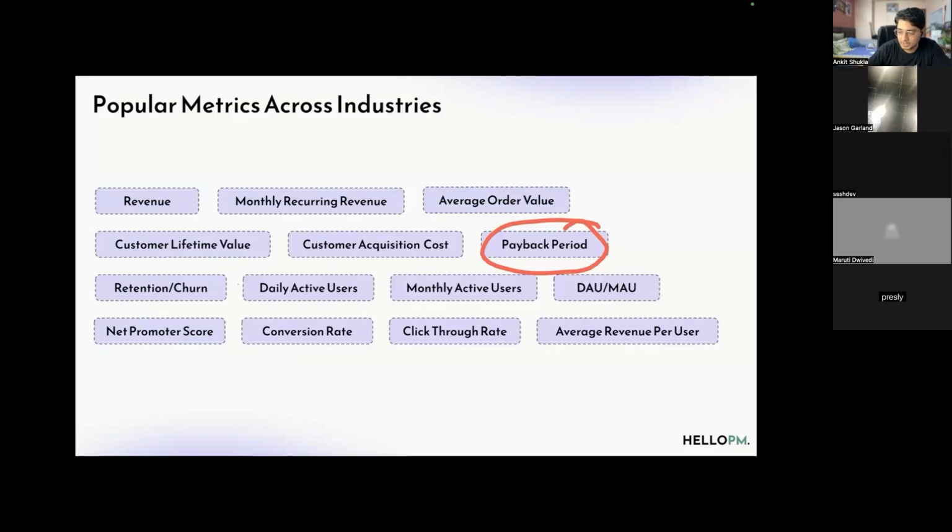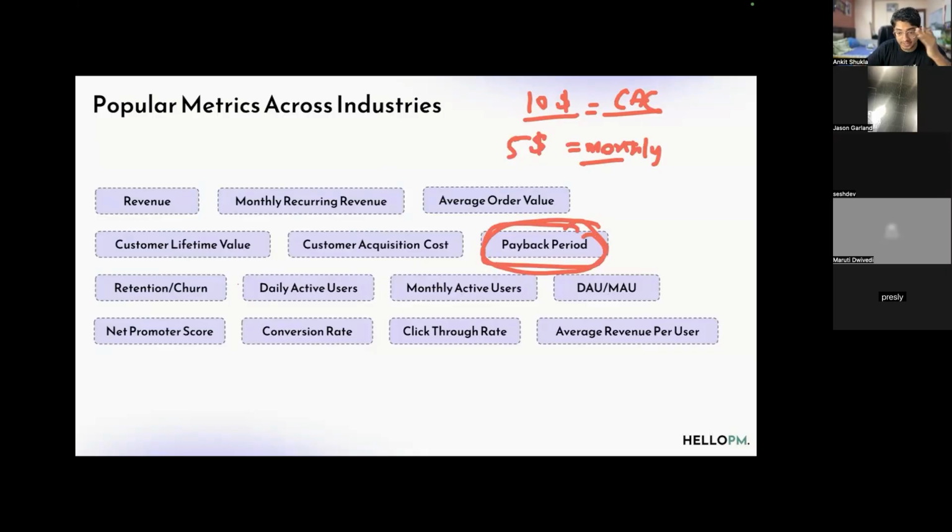For example, you spend $10 in marketing and the monthly cost of your product is $5. So how many months will it take you to break even? Yes, 2 months. So 2 months is your payback period.